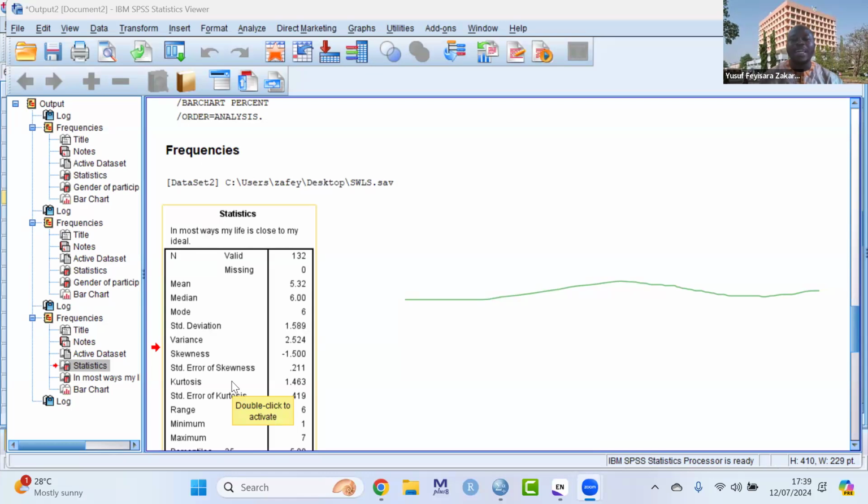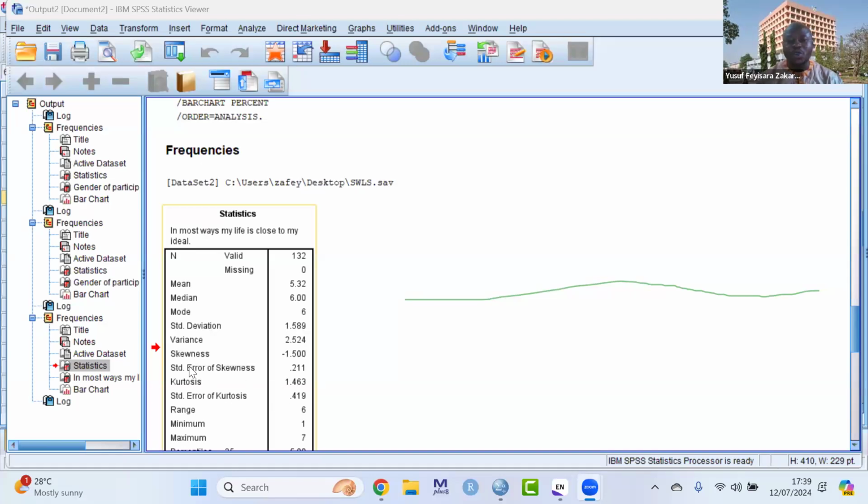If it is more than 1, it contains excess kurtosis, while some researchers say it must be 2 and above. Minus 1.5 is still okay because it's not up to 2 in absolute value. And this 1.5 is still okay by some researchers because it is not up to 2.